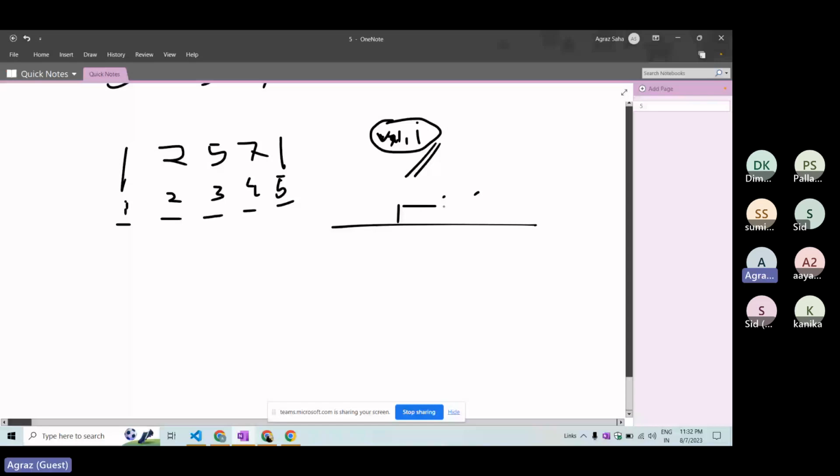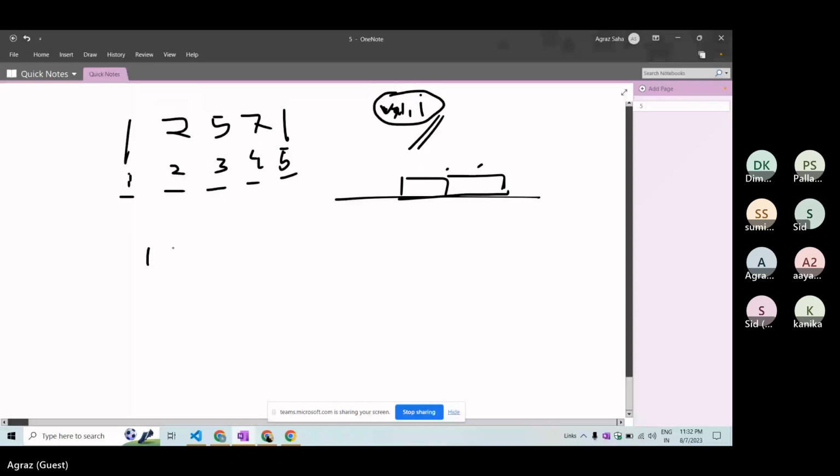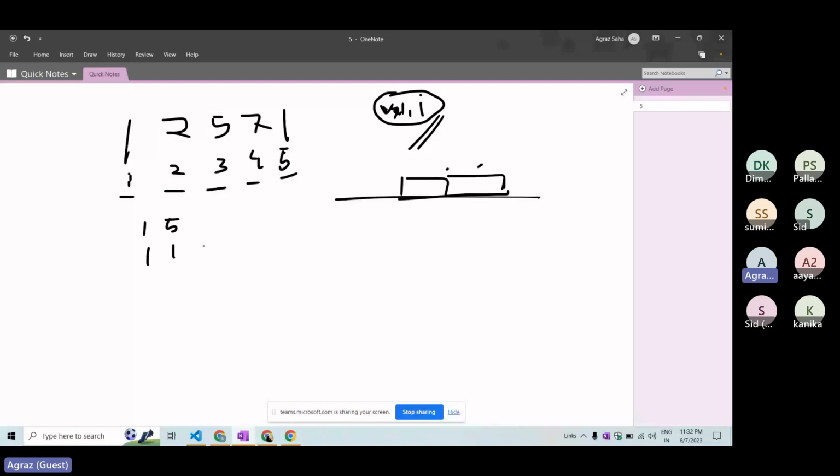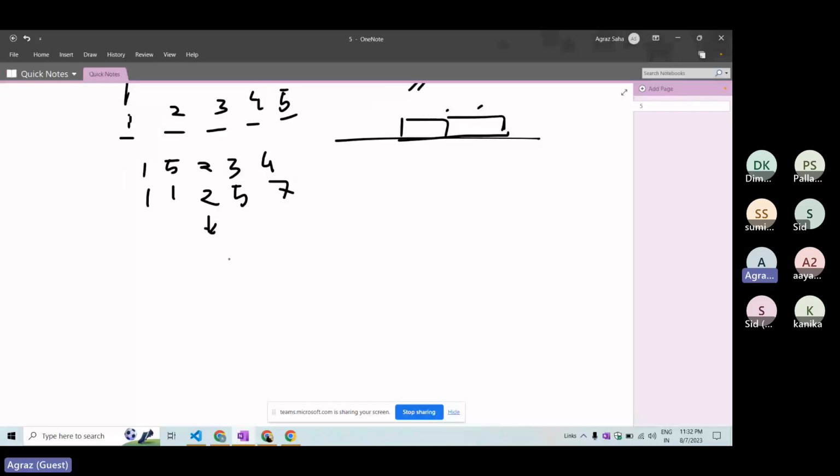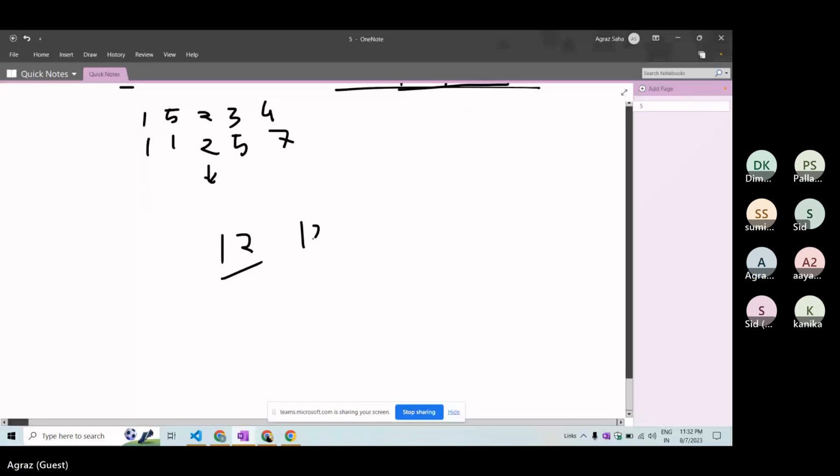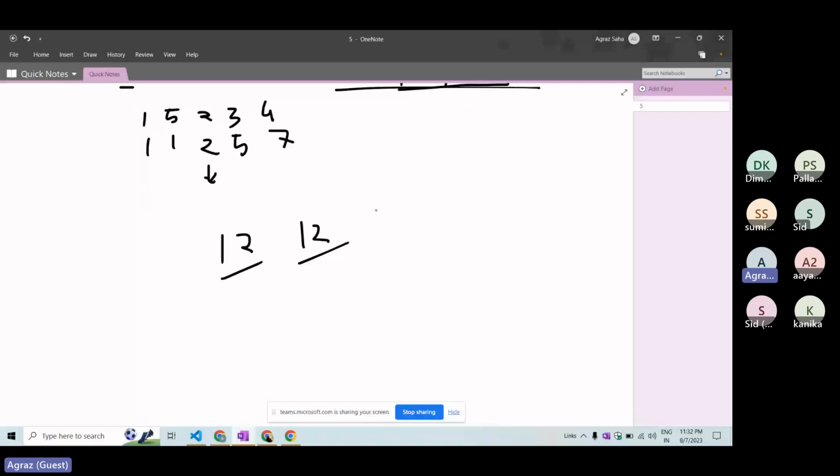I have sorted, and after sorting we also know the index. For example, this is 1, this index is 5, this index is 2, this index is 5, and this index is 7. Now see, if I have taken s as 2, how will the segments look? The first segment will look like 1 to 2, the next segment 2 to 2, then 2 to 5, and 2 to 7.